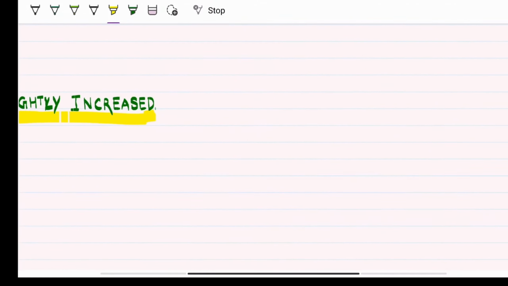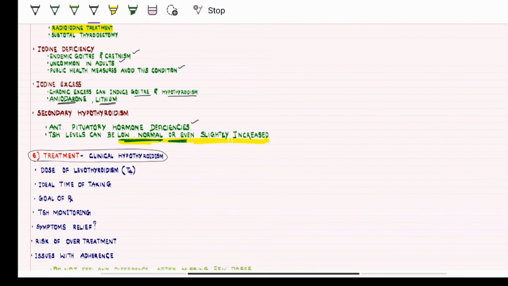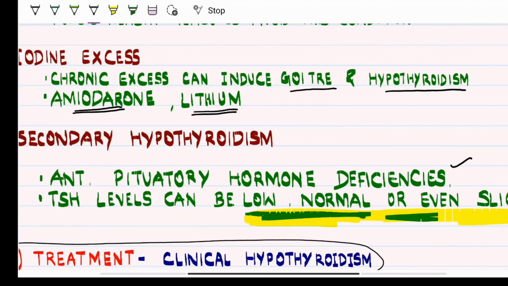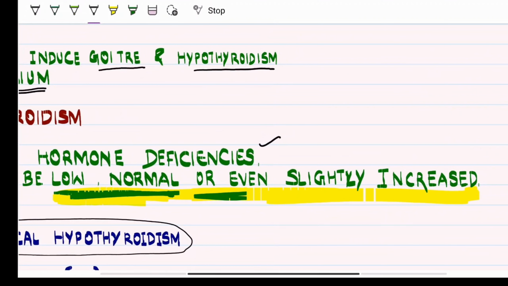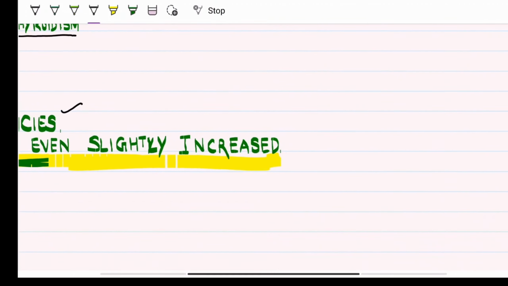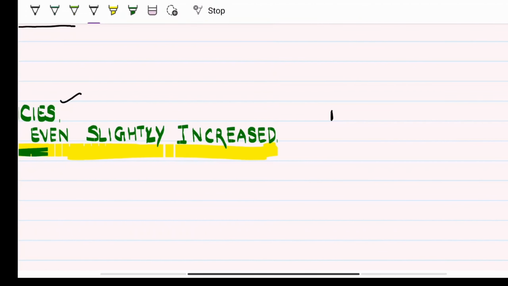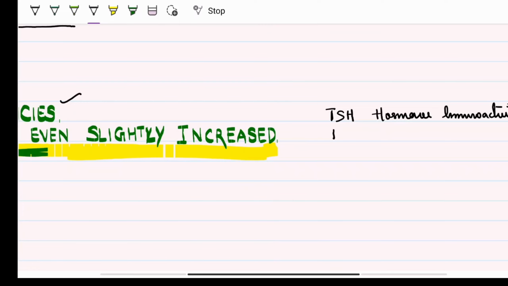So here we have an important question. In secondary hypothyroidism, the TSH level can be normal, low, or high in pituitary problems. Then why can it stimulate the TSH receptor and maintain a euthyroid state by producing the thyroid hormone? Because the TSH produced is immunoactive, which can easily be detected in an assay, but it is bio-inactive, so it cannot act on the TSH receptor.